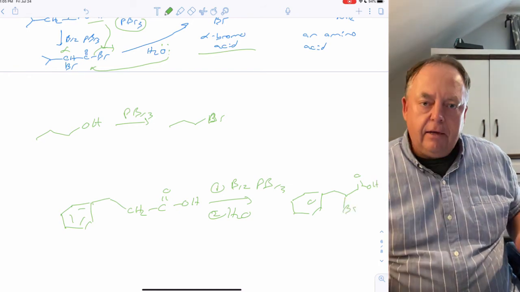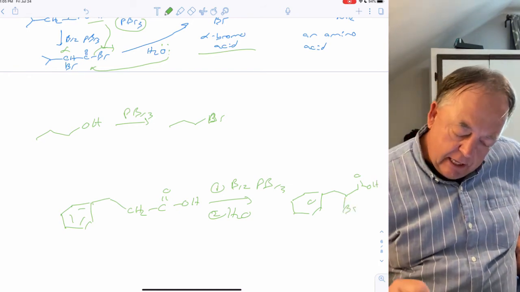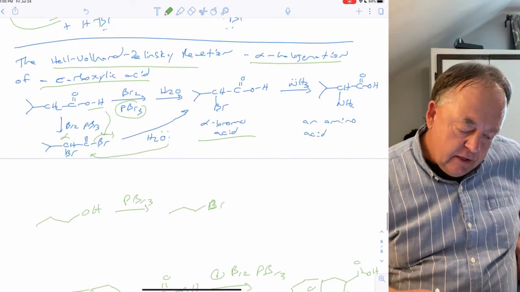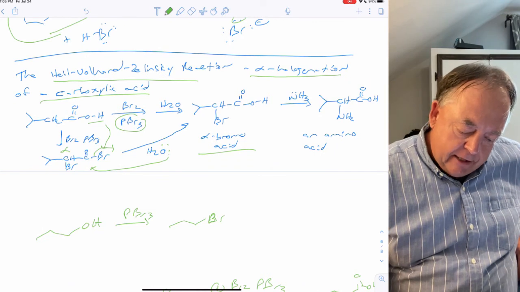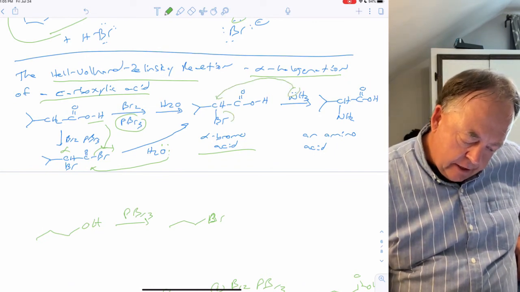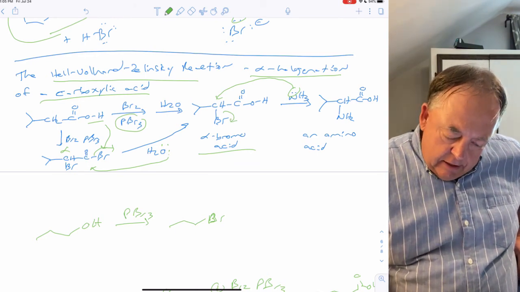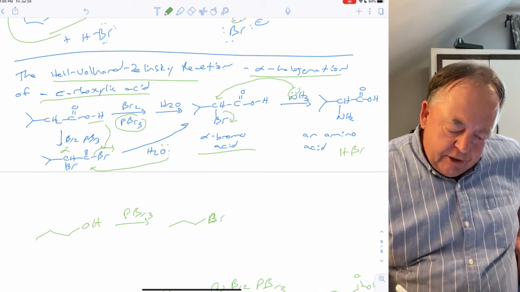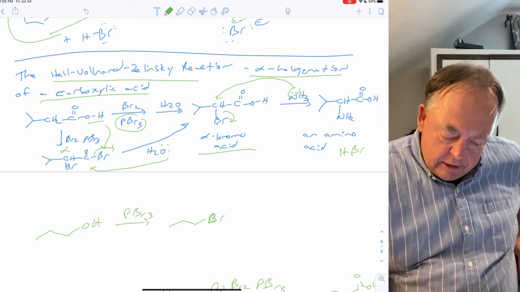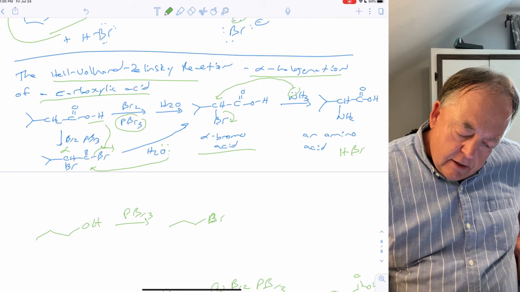Right, so that would give you that alpha bromo carboxylic acid. So the significance of these molecules is that if you then take that and react it with ammonia, this can do an SN2, nitrogen can attack here and kick off the bromine, and then nitrogen will lose a hydrogen in the process, so you make an HBr side product, but you would make an amino acid.